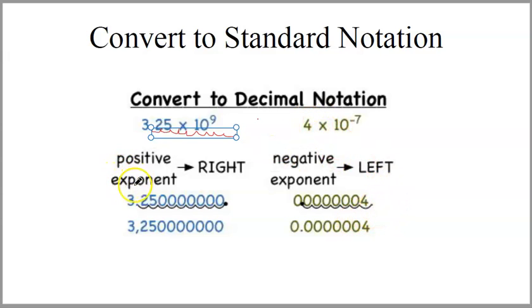You're going to take your number here and move 1, 2, 3, 4, 5, 6, 7. Drop it down and then you can fill in your zeros. See how we did that? So that will make a really small number.